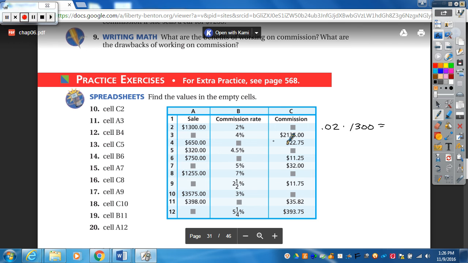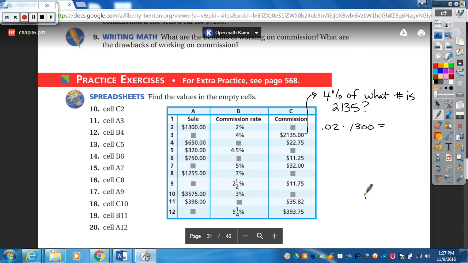Let's make this a real simple problem. 4% of what number is 2,135? That's basically what we're asking right here. 4% of what number is $2,135, okay?